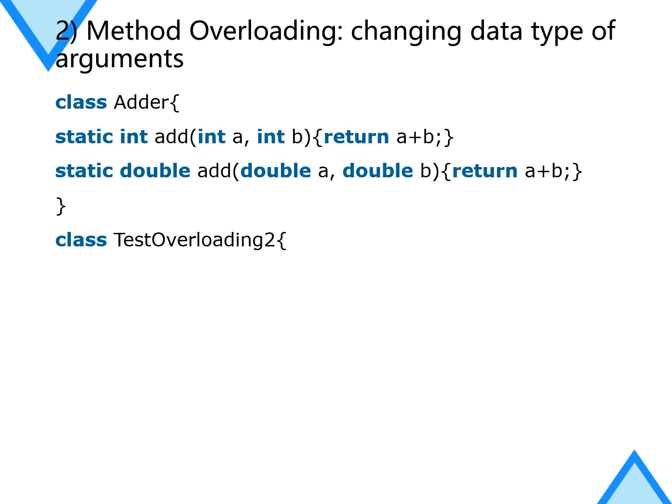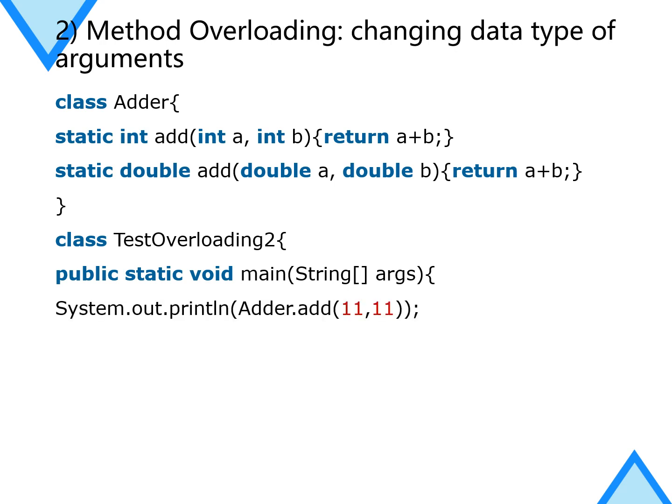So again we have a class TestOverloading2, and this class contains the main method. Here we are directly calling the method with two integer arguments, so this will call the first implementation of the overloaded method add. The second time we are calling the method with two floating point numbers, so this will call the second implementation of the method add.